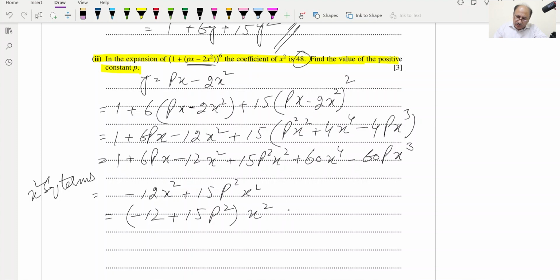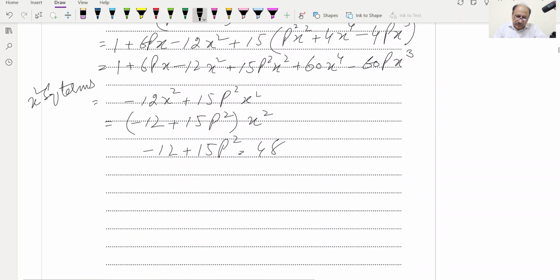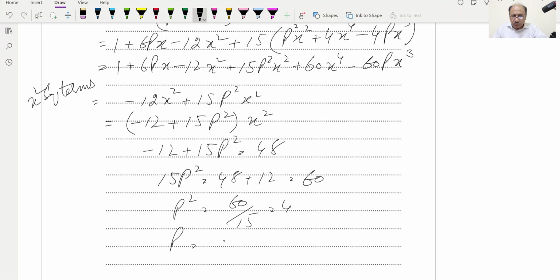So we equate the coefficient of x squared: -12 + 15p squared = 48. We simplify: 15p squared = 48 + 12, which is 60. So p squared is equal to 60 over 15, which is 4. Now p will be equal to plus or minus 2.